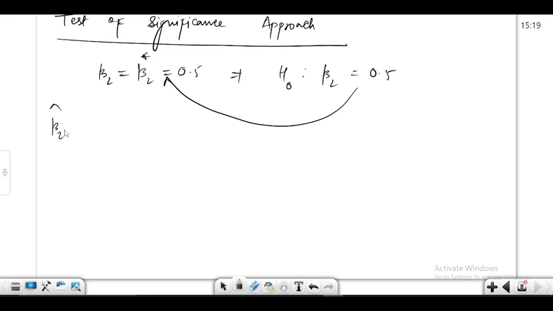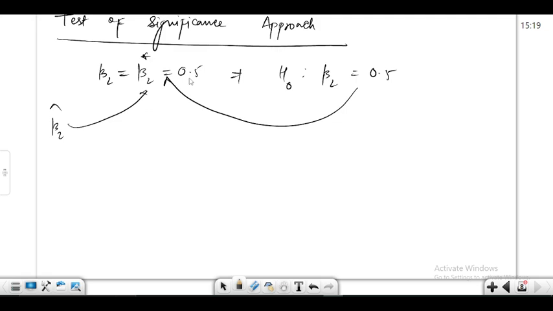So you'll use the beta 2 hat value to check whether beta 2, which is equal to 0.5, is lying in a significant range or not. Or the test t value corresponding to that beta 2 hat is significant or not at a given level of significance. So the key idea is to accept or reject H naught on the basis of the value of the test statistic obtained from the data at hand.